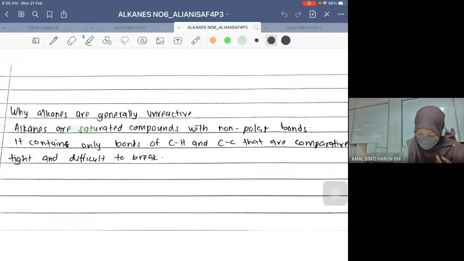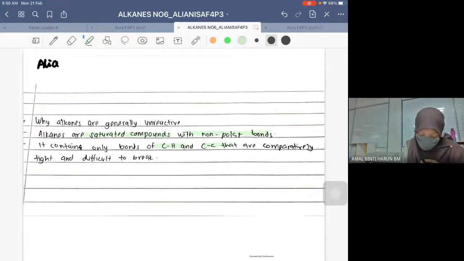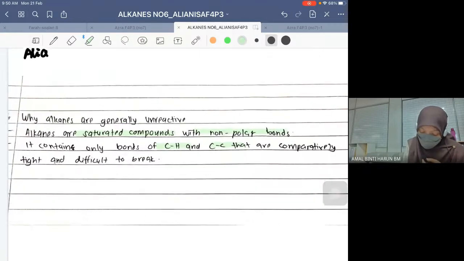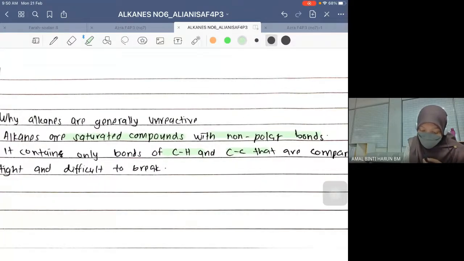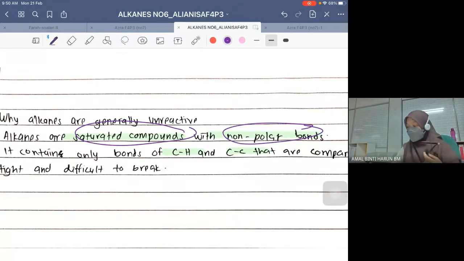Saturated meaning that all single bond, and then non-polar bond, yes, correct. It contain only bond of carbon, CH and are comparatively tight and difficult to break. Okay, keyword dia adalah saturated and then non-polar. Okay, number 7. We have another 10 minutes.